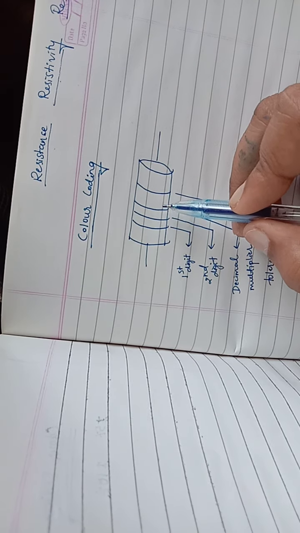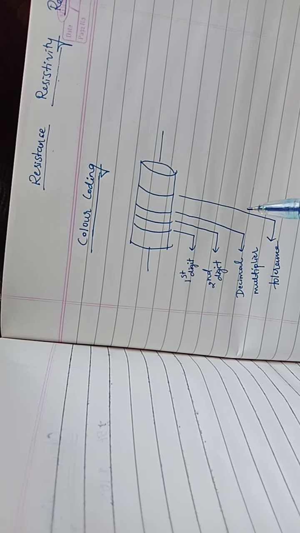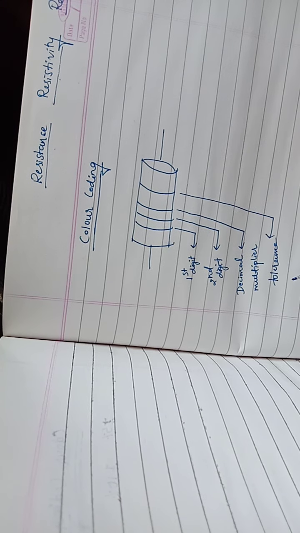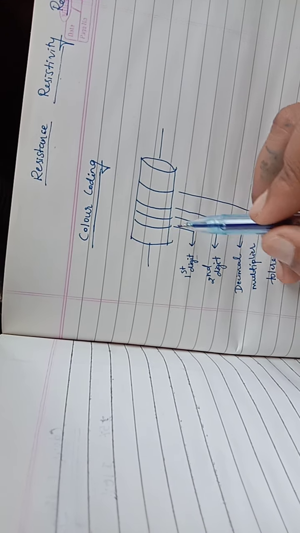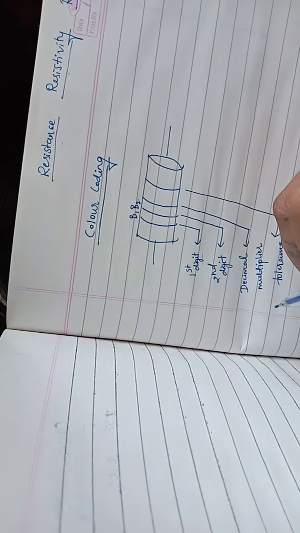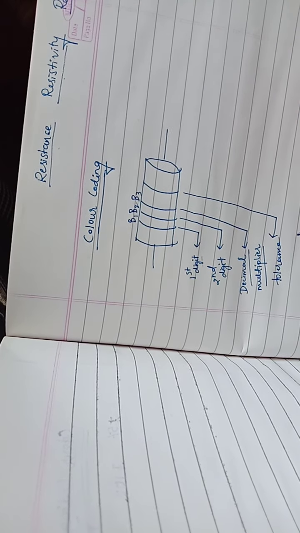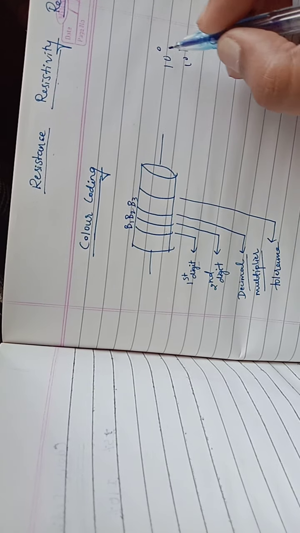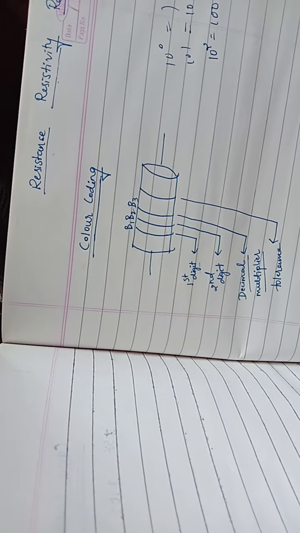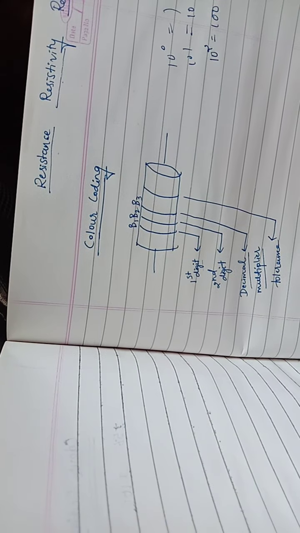All four bands have their own significance. Every band represents some factor, and using this we read the resistance of the resistor. The first digit is given by the first band B1, the second digit by the second band B2, and the third band B3 represents the decimal multiplier, or the number of zeros: 10 raised to 0 is 1, 10 raised to 1 is 10, 10 raised to 2 is 100.